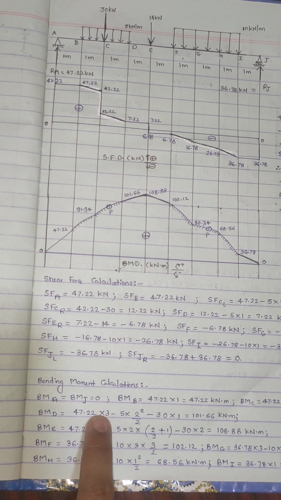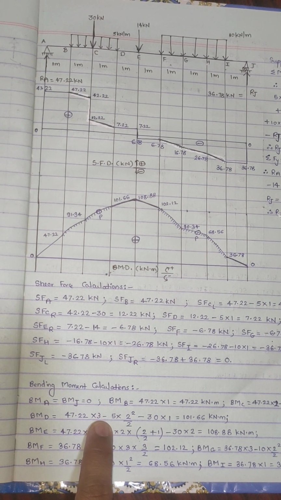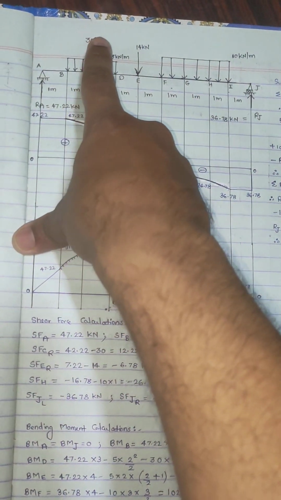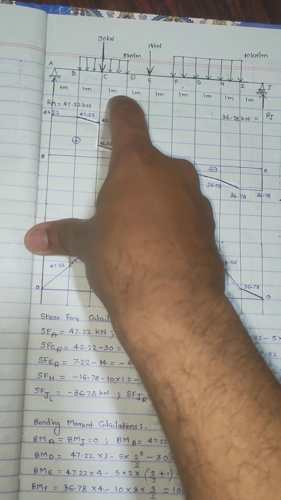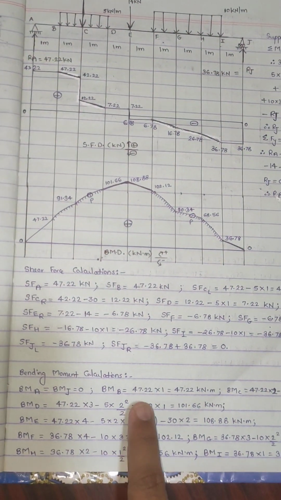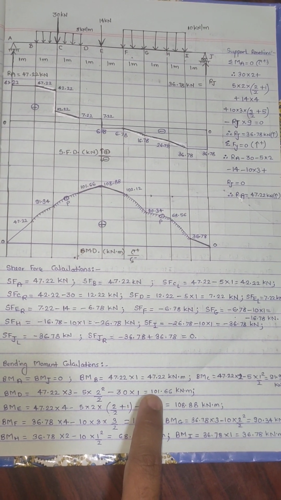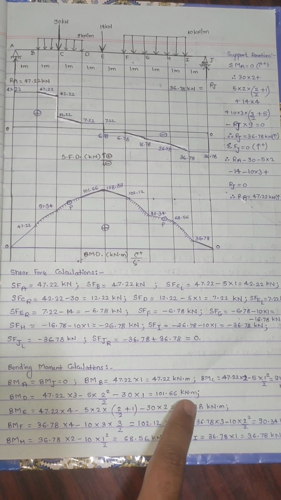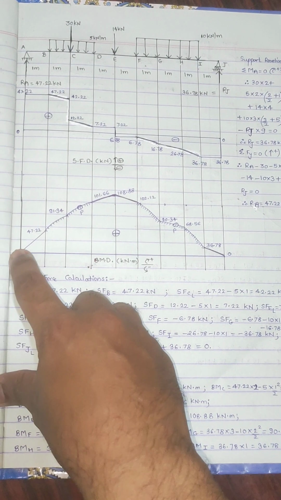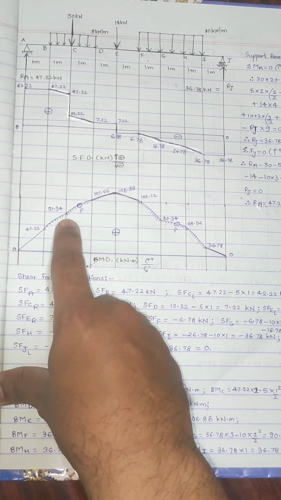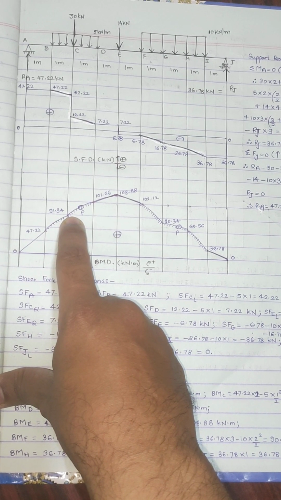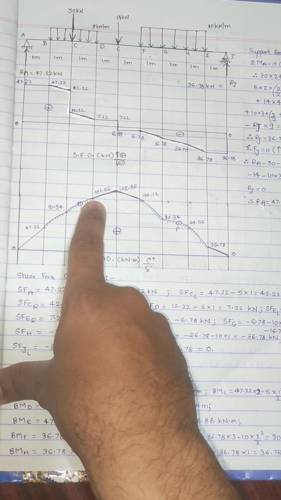So 47.22 into 3 minus 5 into 2 square by 2 minus this 30 load going anti-clockwise, so minus 30 into distance is 1, so minus 30 into 1, we would get it as 101.66 kilonewton meters. Okay, so 47.22, then from here onwards we have to draw, because UDL is starting from point B, parabolic for 101.66, again parabolic.